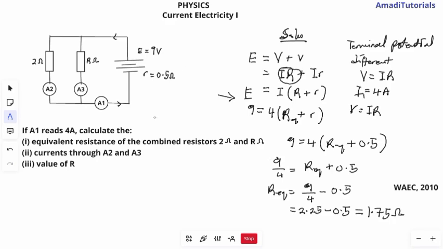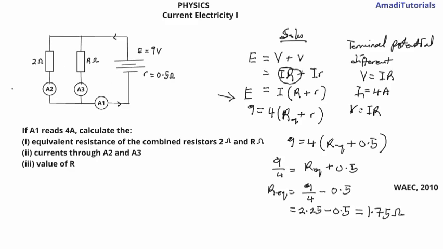So the equivalent resistance, or the combined resistance that this EMF or this cell is seeing, is what? 1.75 ohms. That's the equivalent resistance. That's the resistance it is getting from this combination.